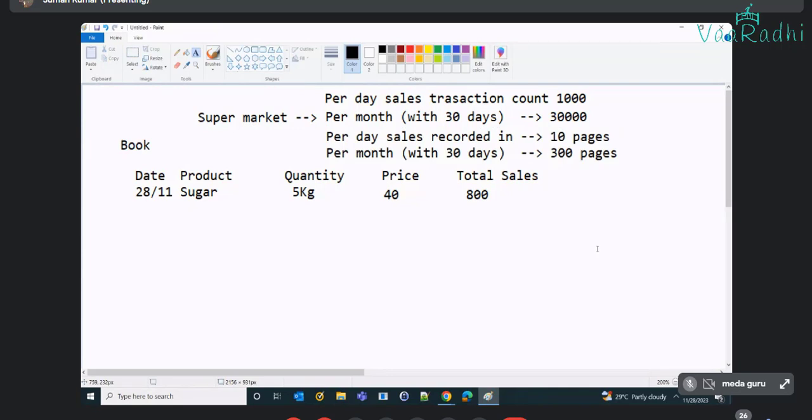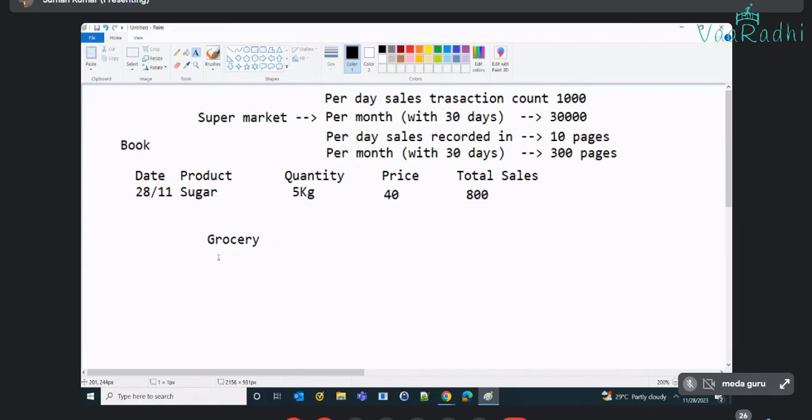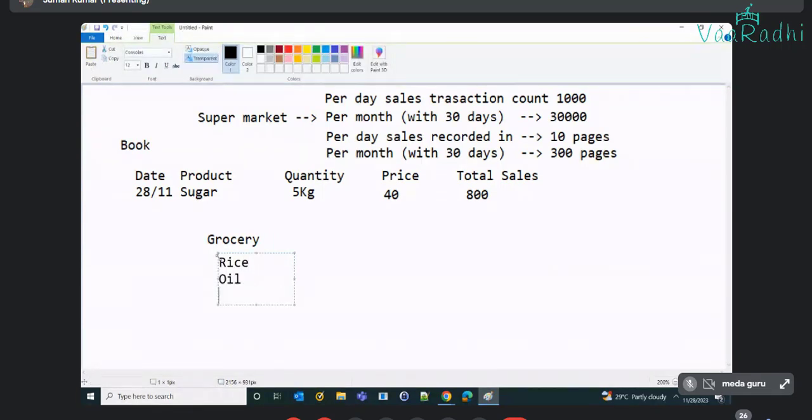Now imagine. I hope everyone is clear about what is grocery, right, guys? Can you tell me some top items, the major items of grocery? Rice. Oil. Dal, I'll say. I'm taking only the major things.